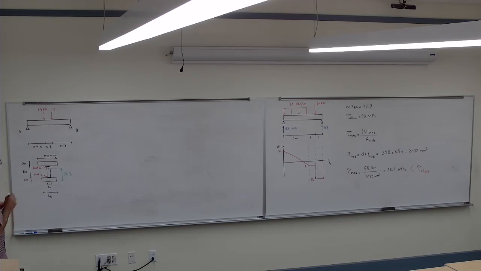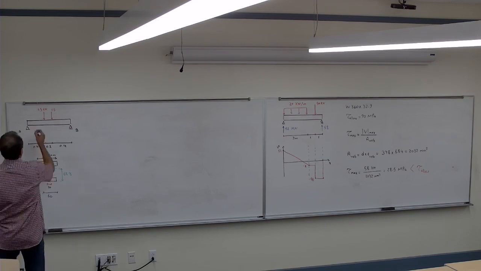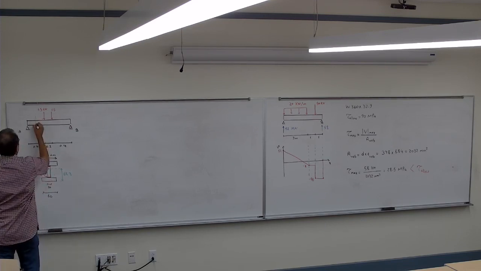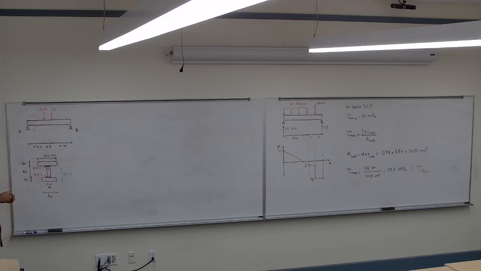So we want to know that if we cross section somewhere here, we call that NN. Also the I is given.